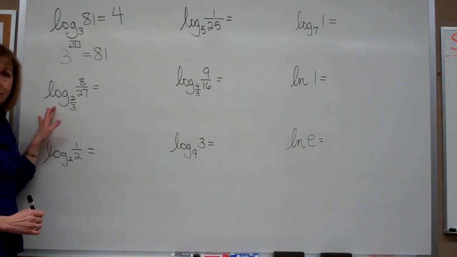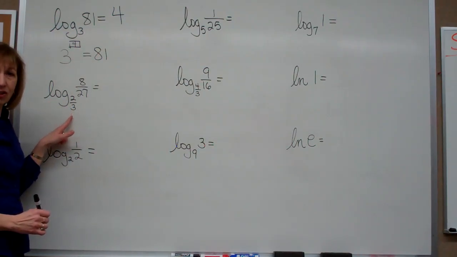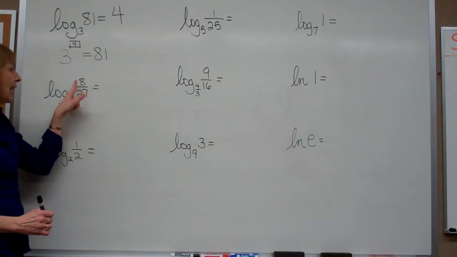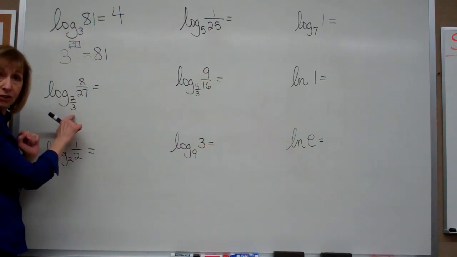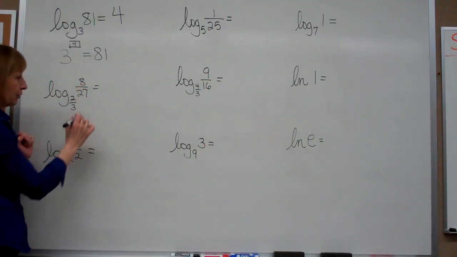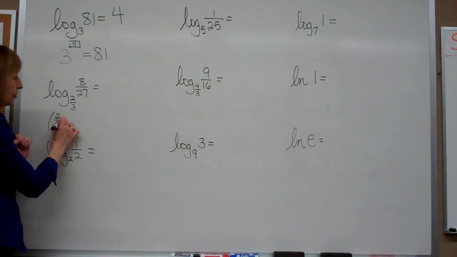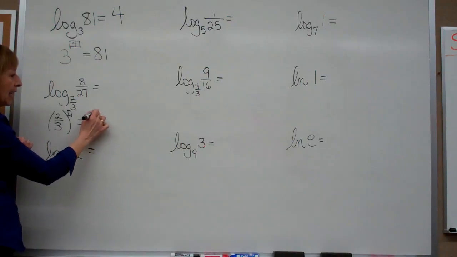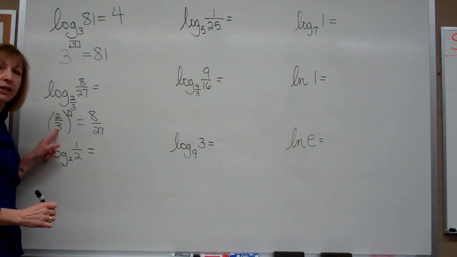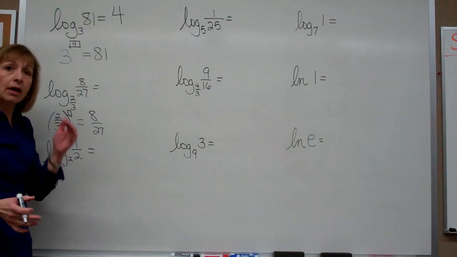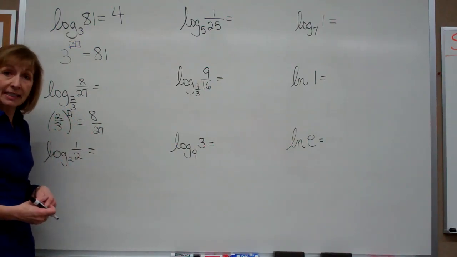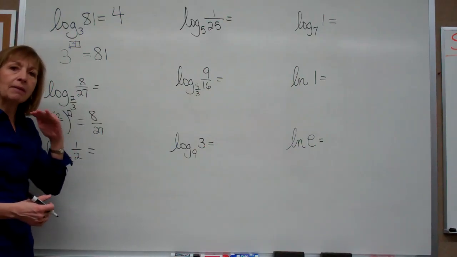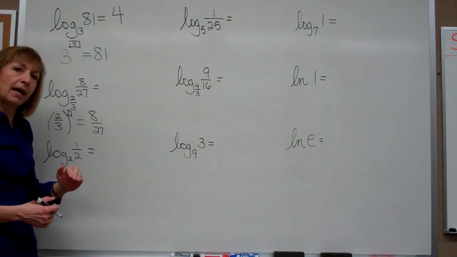Let's do the next one down. Here, it's log base 2/3 of 8/27. So we want to know what exponent we would put on 2/3 to create the value 8/27. When I take a fraction to a power, I multiply that fraction times itself as many factors as the exponent indicates. And when I multiply fractions, I multiply straight across the top and straight across the bottom.